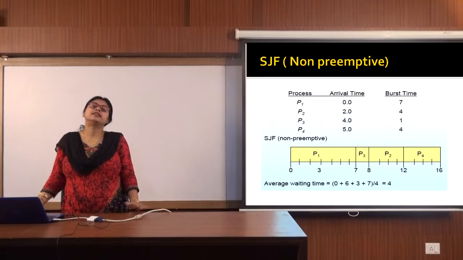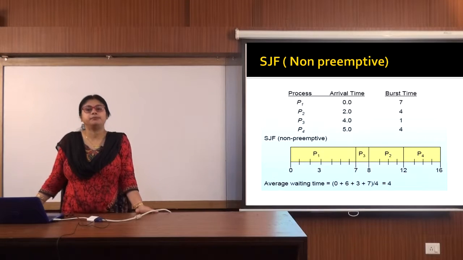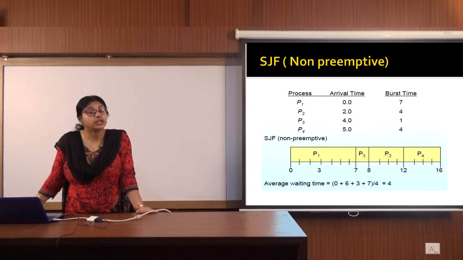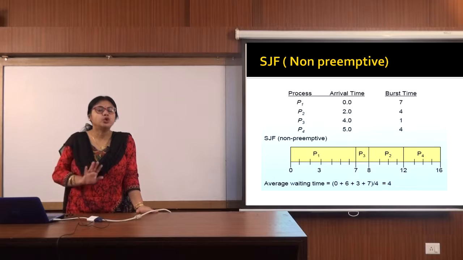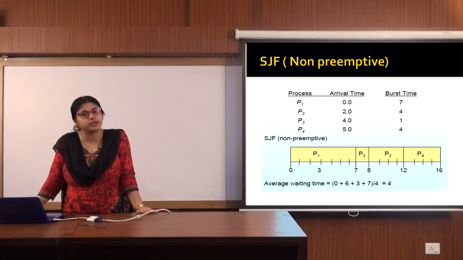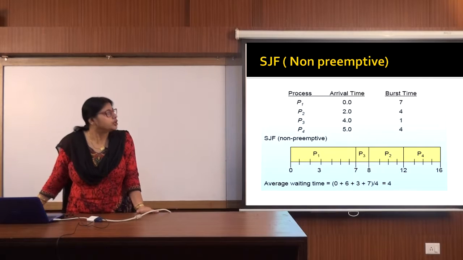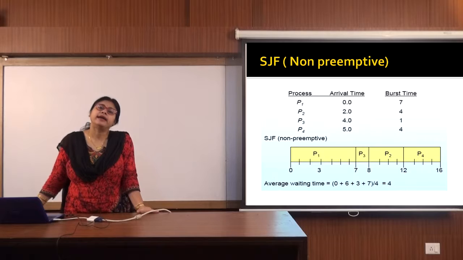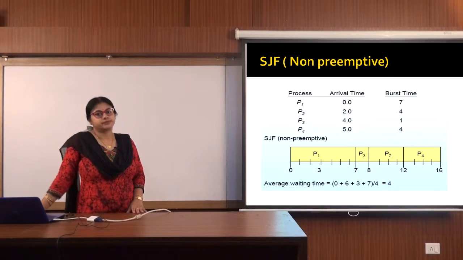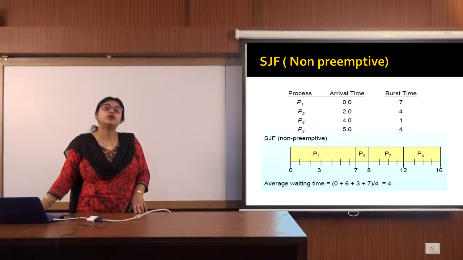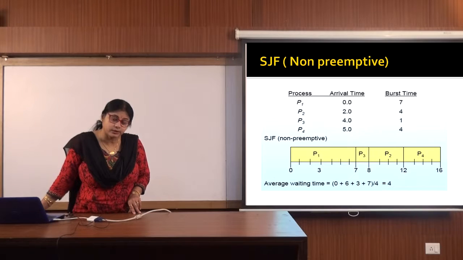At 0.0 milliseconds, as only process P1 is there and no other processes are in the ready queue, we have to work with only process P1, and P1 starts its execution at 0 milliseconds. Here we are considering the non-preemptiveness of the scheduling algorithm.